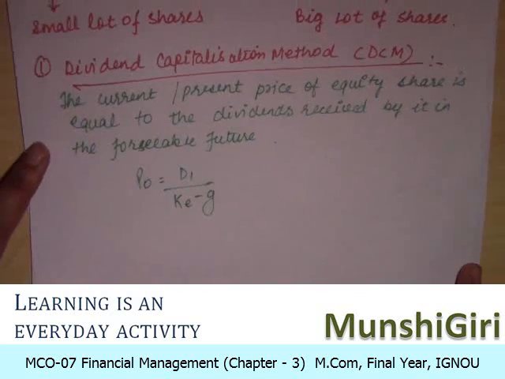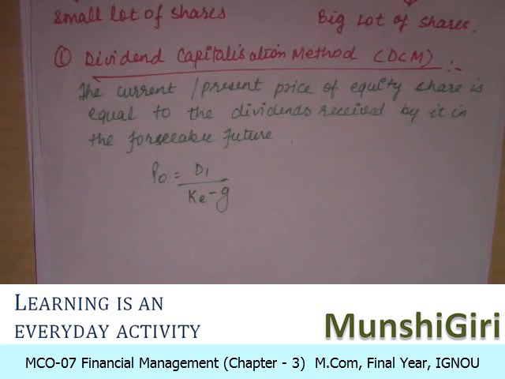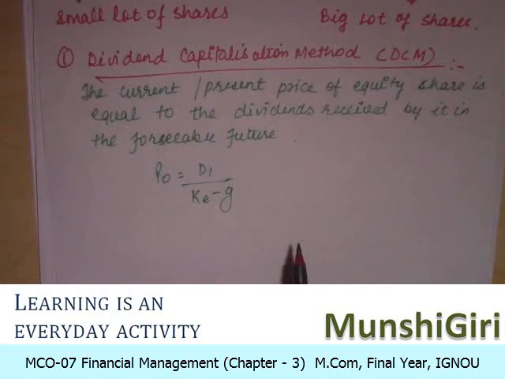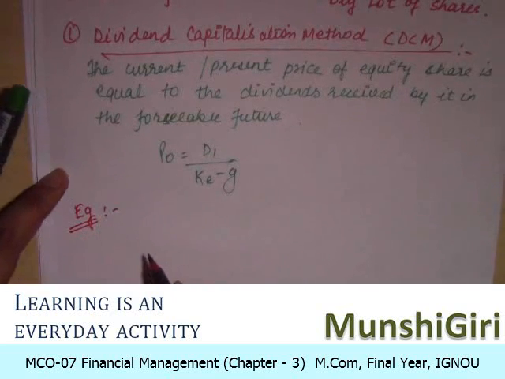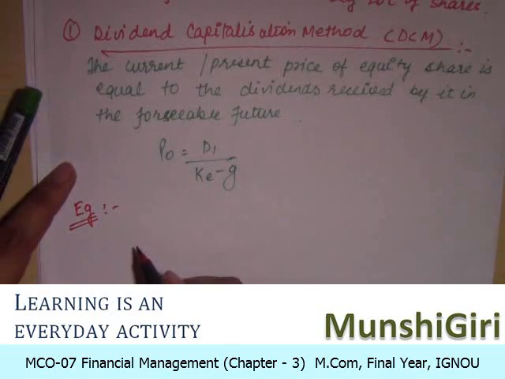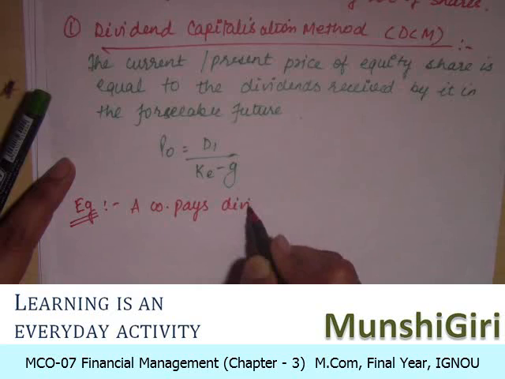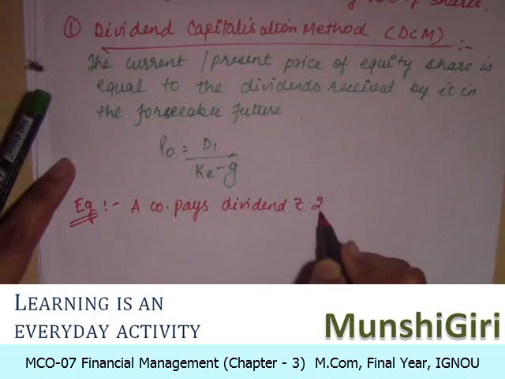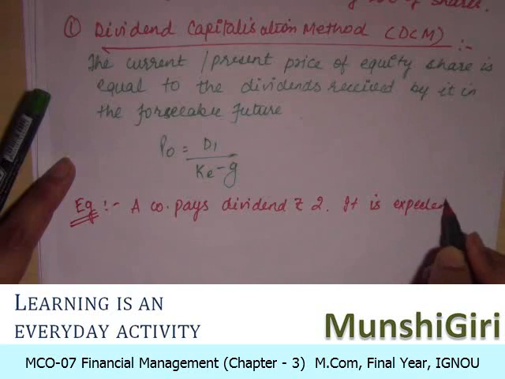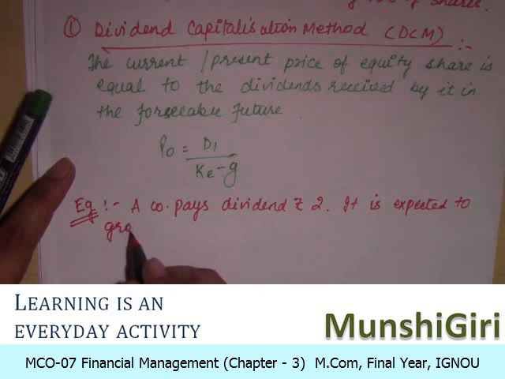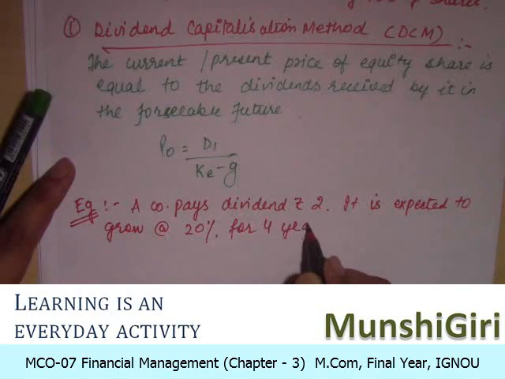Let's look at an example. A company pays dividend ₹2. It is expected to grow at the rate of 20% for 4 years.